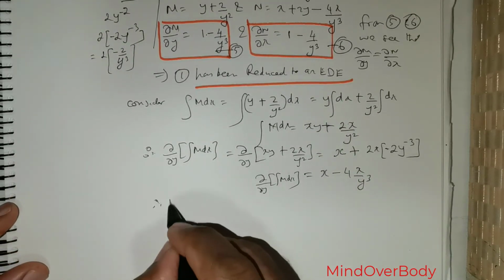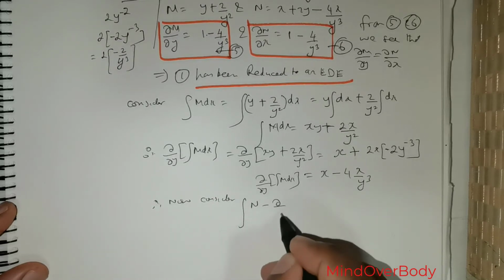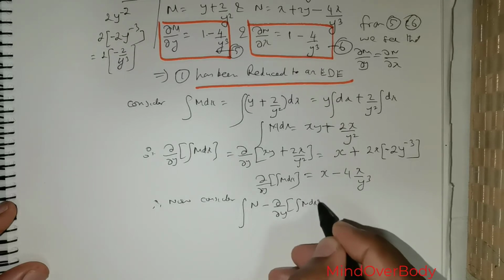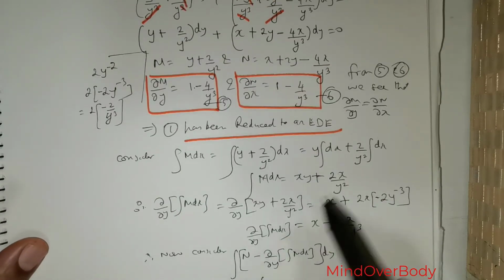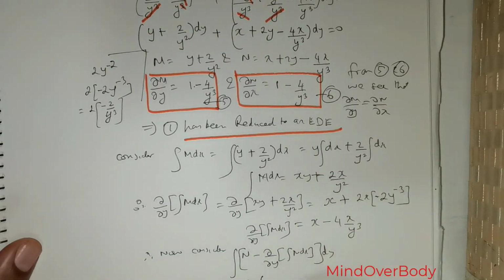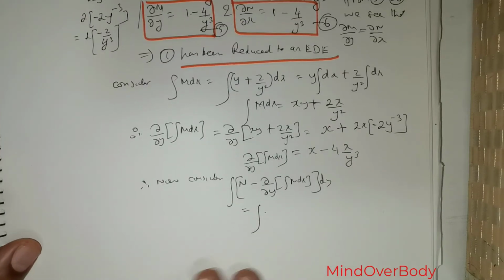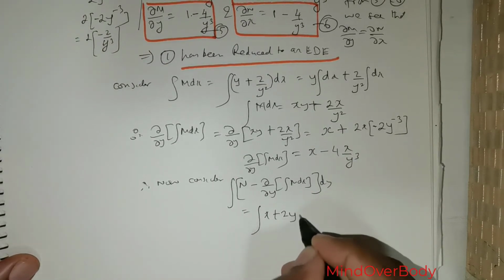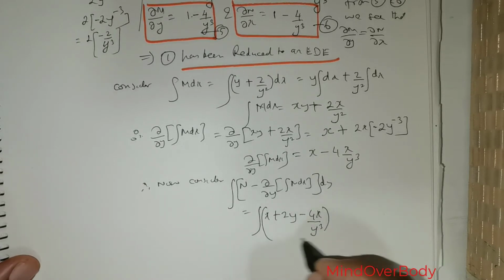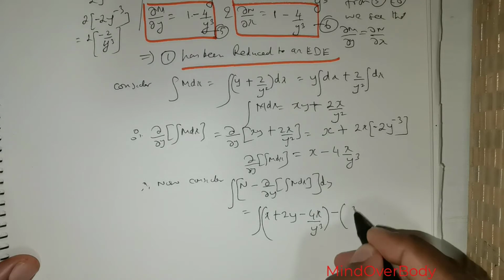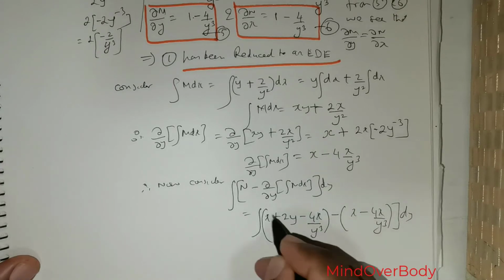So therefore, now consider the integral of N minus ∂/∂y of the integral M dx, times dy, which is equal to the integral, my N is this, right? Substitute this value. So that's going to be x plus 2y minus 4 times x divided by y cubed, followed by a negative sign and x minus 4x over y cubed, times dy.